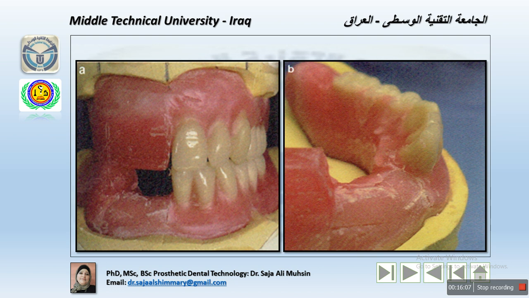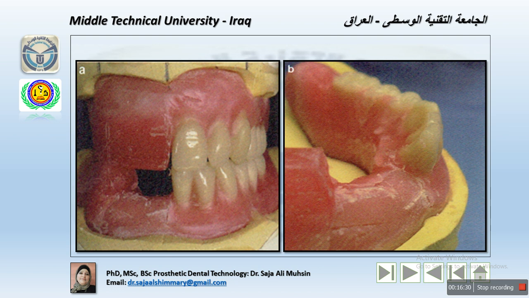We will discuss later, after setting of artificial teeth, class 3. We will discuss if there is limited space for us, if there is no space for us to place the full arch. There are many guidelines to follow.